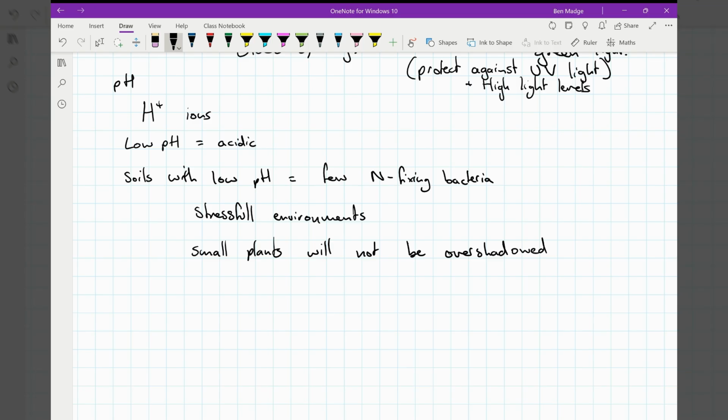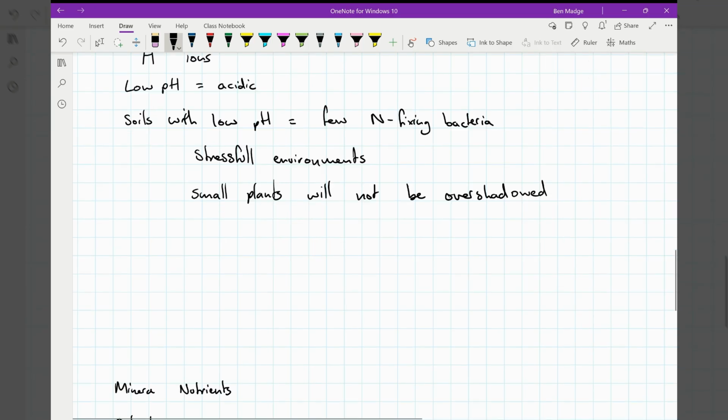So the example for this one is our ever helpful sundew, which is this tiny plant with these sort of paddle-shaped leaves, which grow in acidic soils.